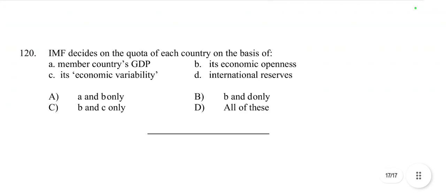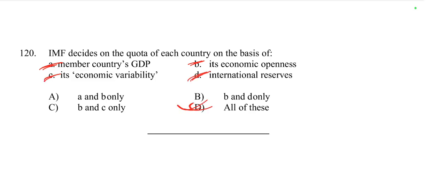Then today's last question. The IMF, International Monetary Fund, decides on the quota for each country on the basis of member country's GDP, its economic openness, its economic variability, or international reserve.